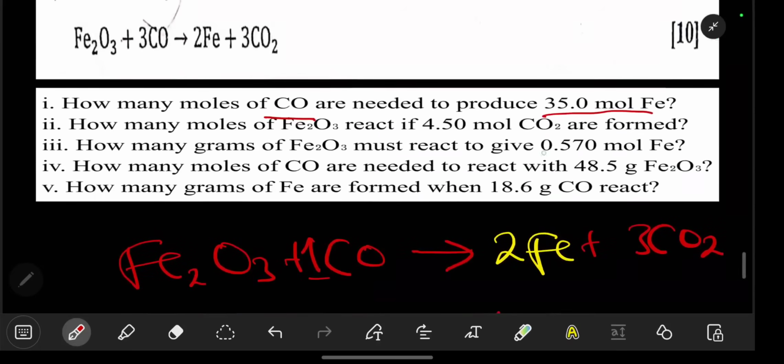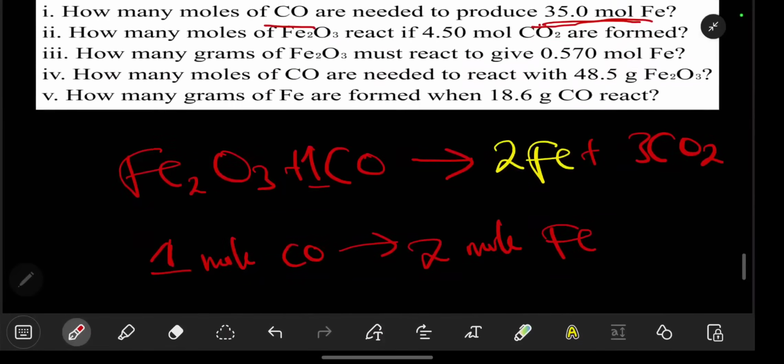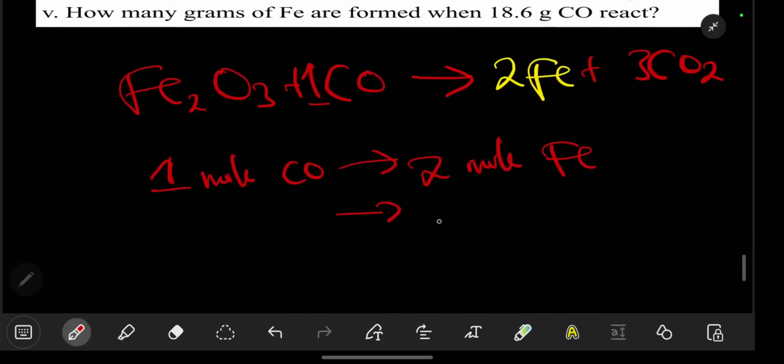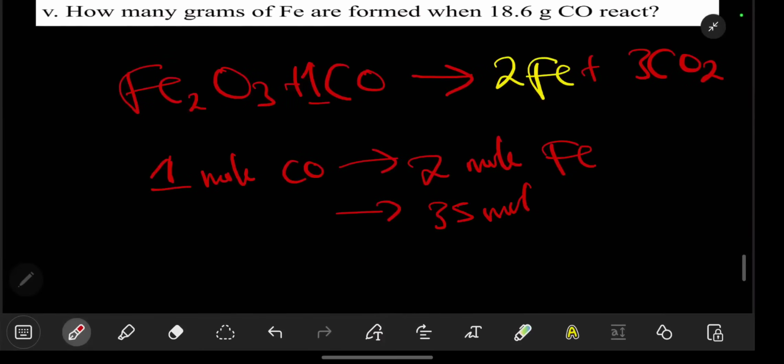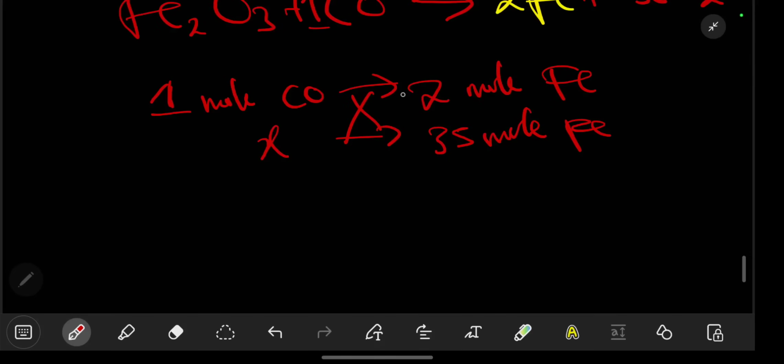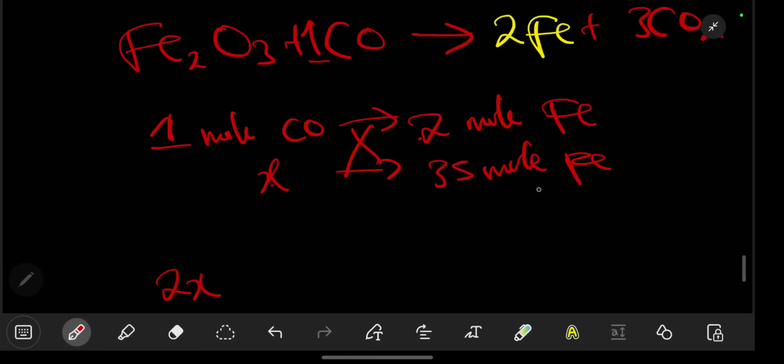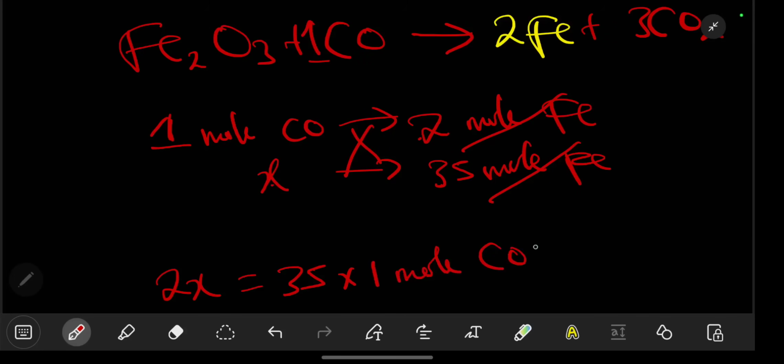What if you have 35 moles of iron? You are going to say, what if I have 35 moles of iron, like that? You don't know, so you are going to cross multiply: 2 times x, it will be 2x. You can just cancel from here if they are on the same side. So you are going to have this equal to 35 times the 1 mole of carbon monoxide.